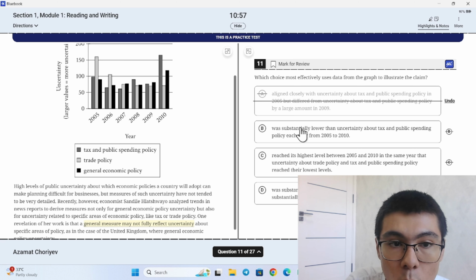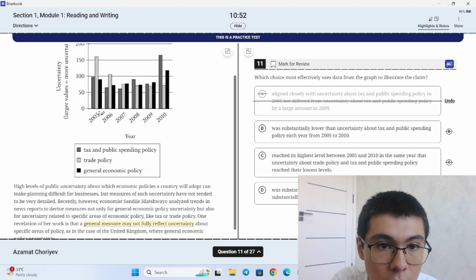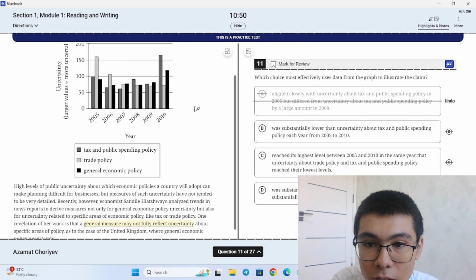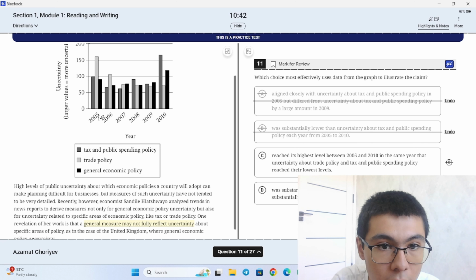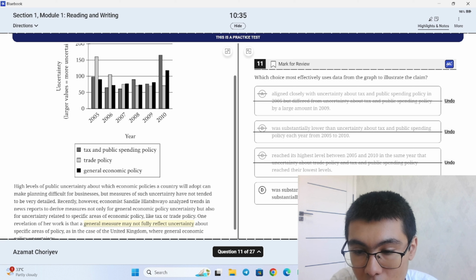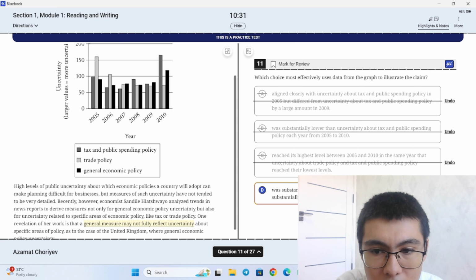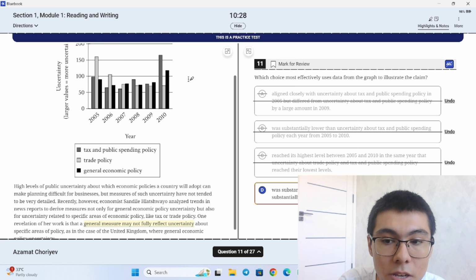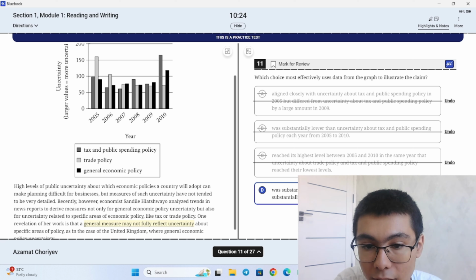Was substantially lower than uncertainty. No, because it's factually incorrect. Which is the highest level in 20? No, it's not the highest, by the way. General economic policy uncertainty was substantially lower or higher? Yes. It was substantially higher than other years in 2010. It was substantially lower in 2005.